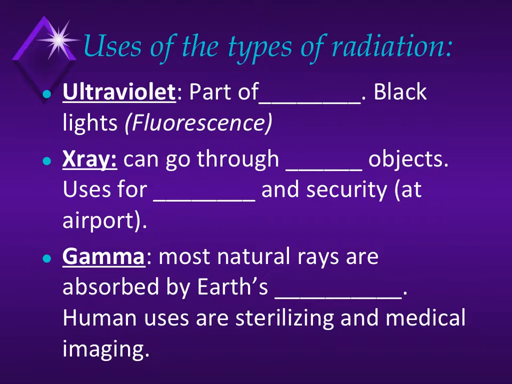So ultraviolet radiation is part of sunlight. Don't want too much ultraviolet radiation, gives you skin cancer. Black lights are also ultraviolet lights. X-rays can go through solid objects.